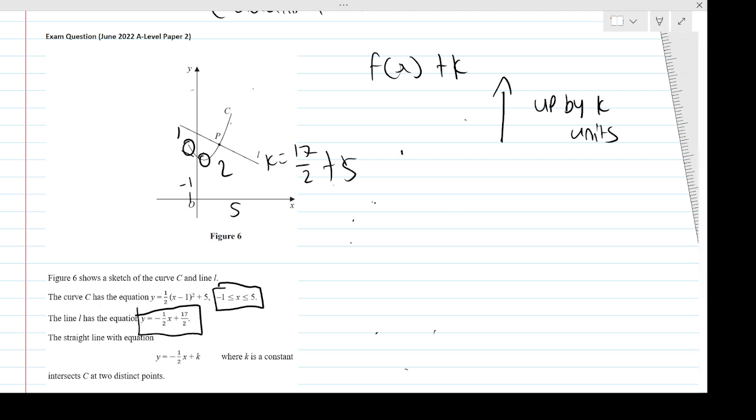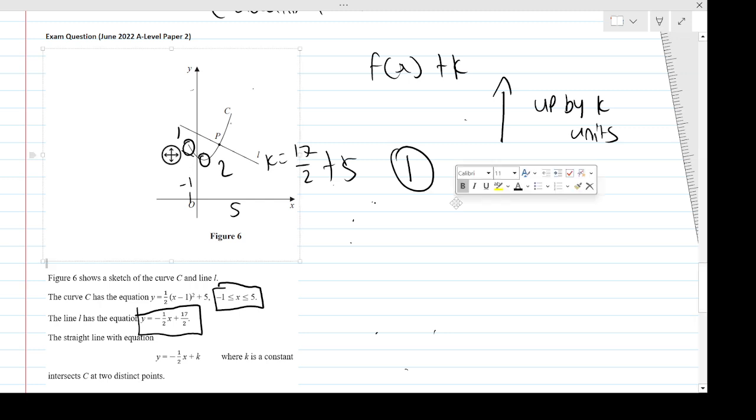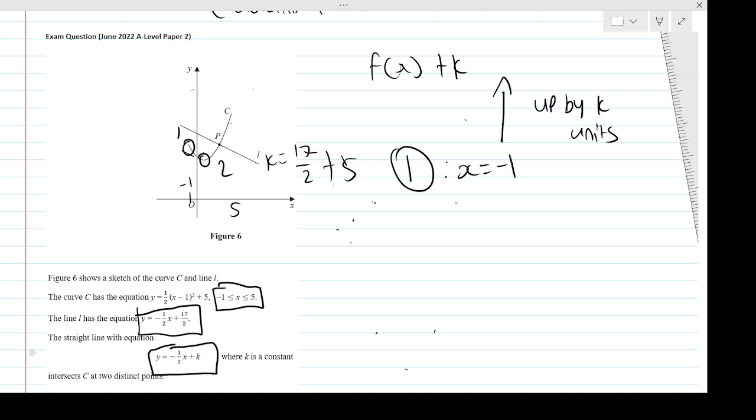Well, at point 1, you should notice it's the furthest left point of the curve. We discussed this: that's when x is minus 1. So point 1 is when x is minus 1. Then we need to find k, so we can substitute x into the line.